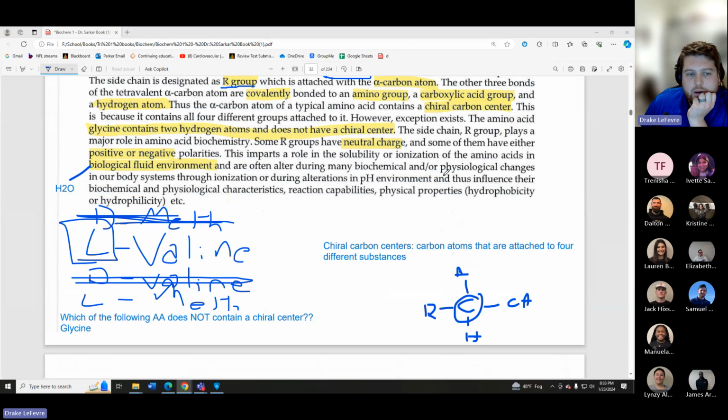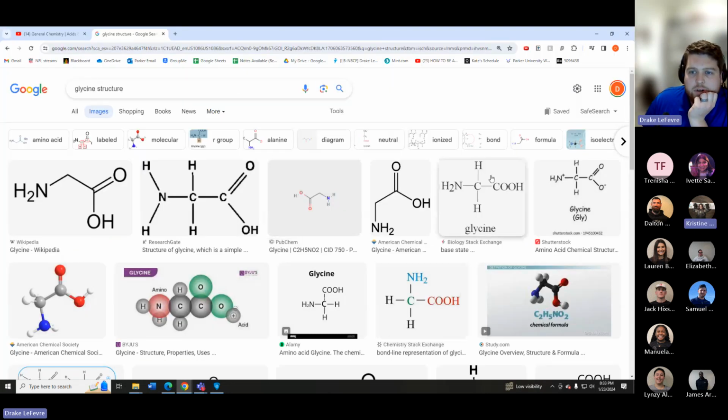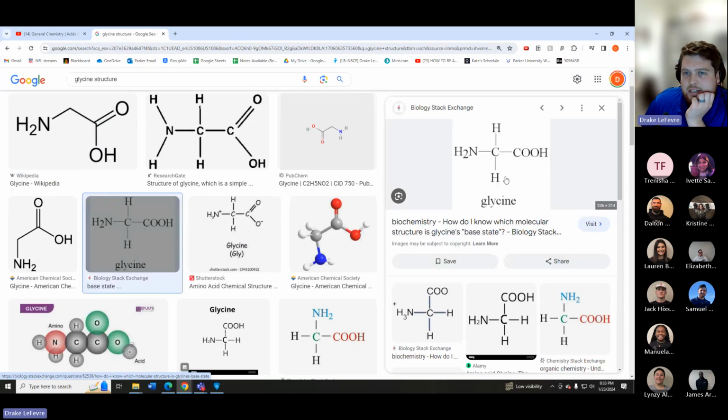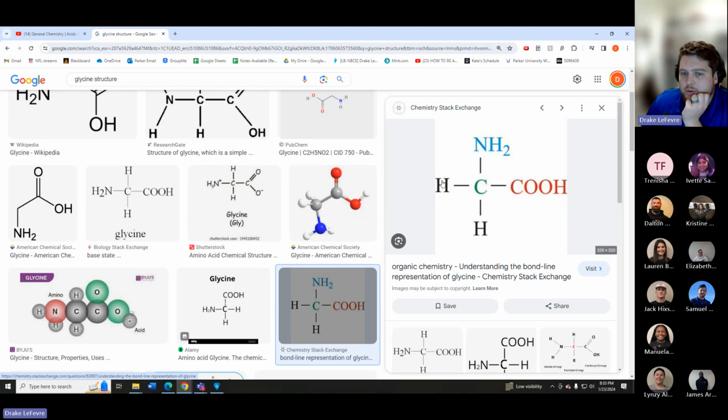Every single amino acid contains a chiral center, except for glycine, because glycine's R group is just a singular hydrogen. And because there's another hydrogen attached to it on the other side, it is not considered chiral because it has 2 of the same thing bound to it.